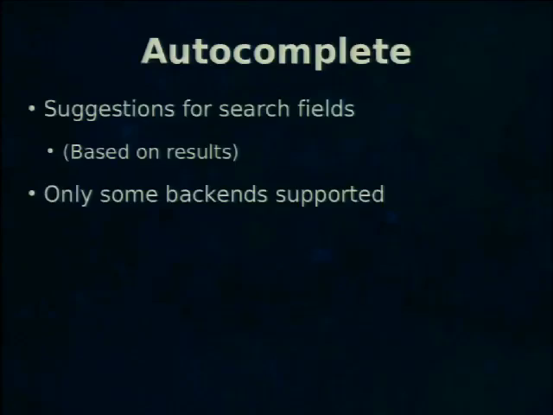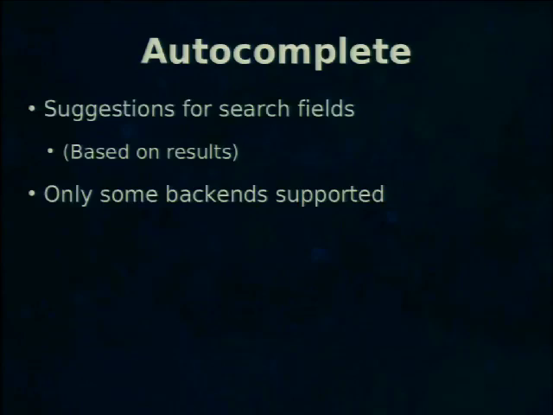So there is the Autocomplete module, which, like the name suggests, of course, adds autocompletion to the search boxes. So if you have a search field and start typing, then it will automatically suggest what words you could mean and want to type. And of course, you know the functionality also from sites like YouTube.